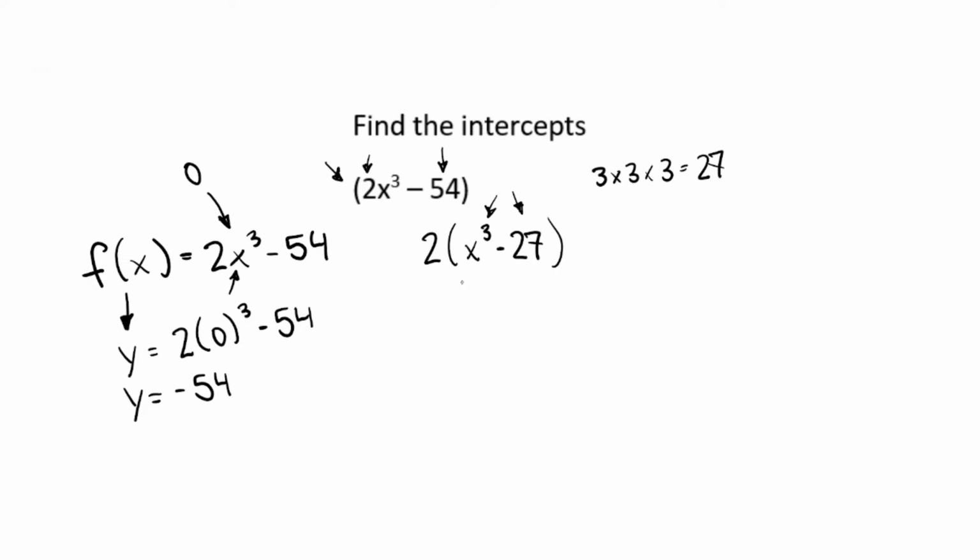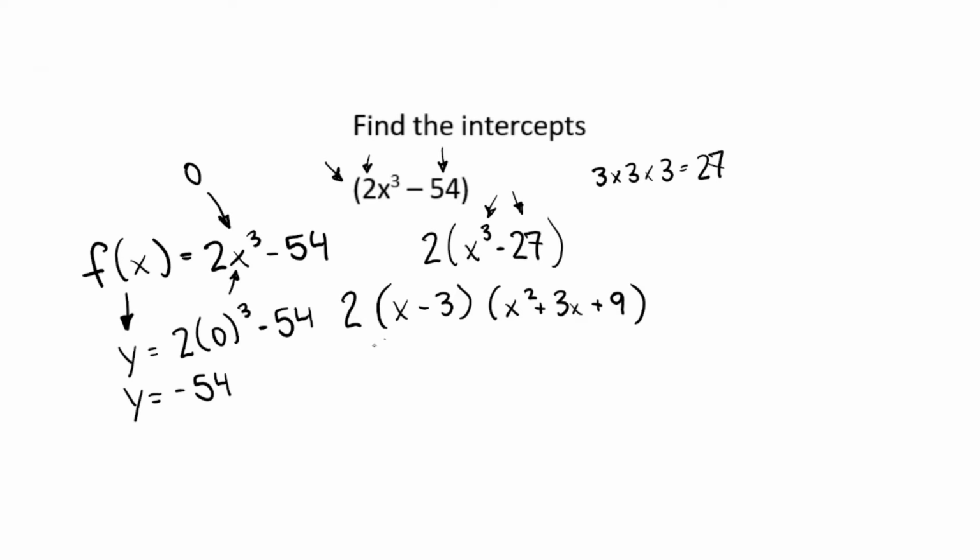So we can factor out x minus 3. What that's going to leave us with is x squared plus 3x plus 9. And we can bring down the 2, that's a factor also.